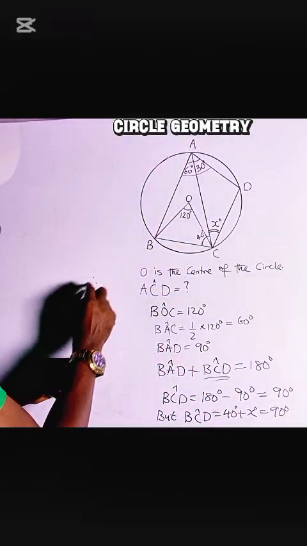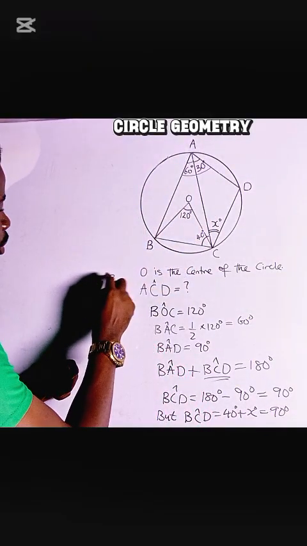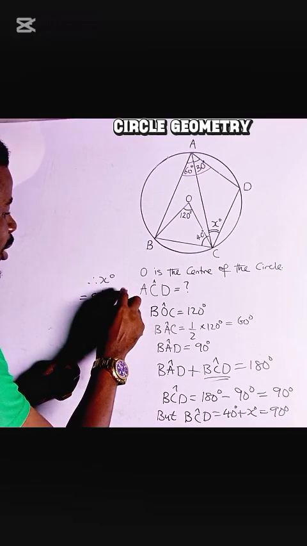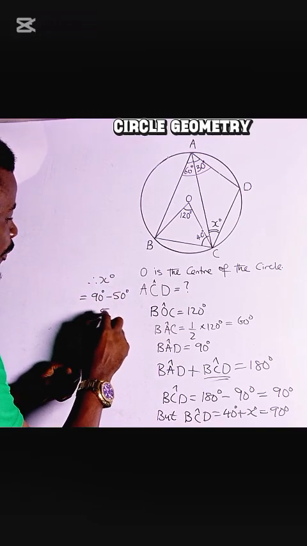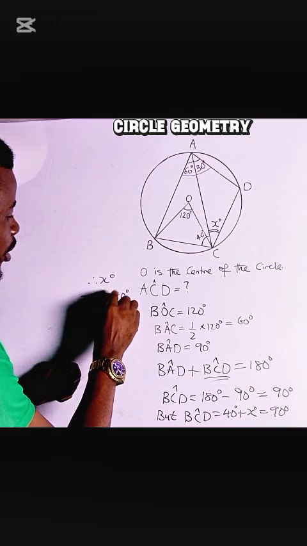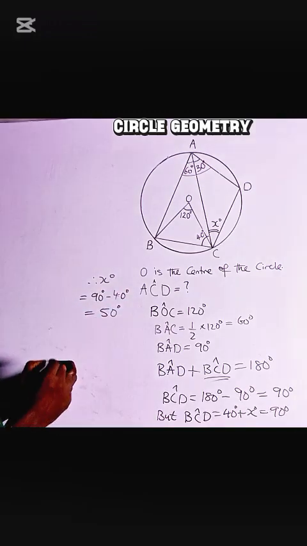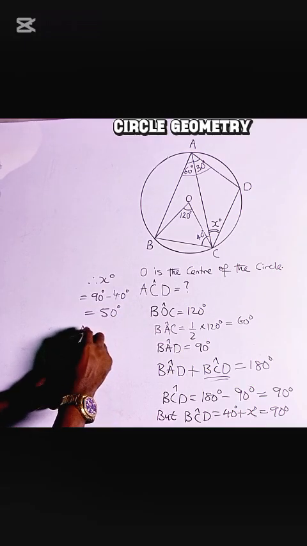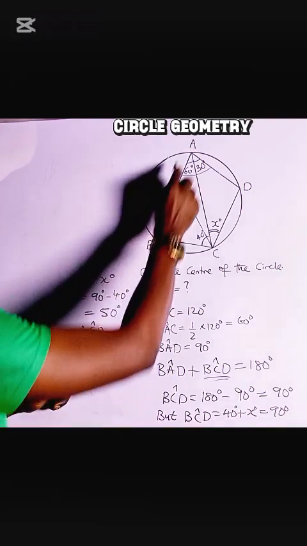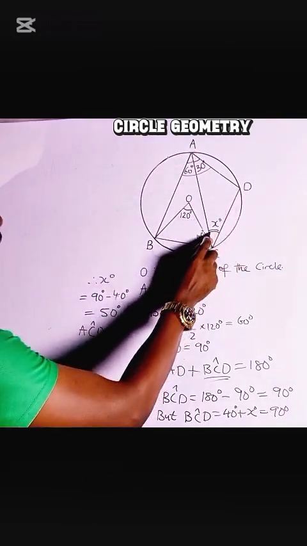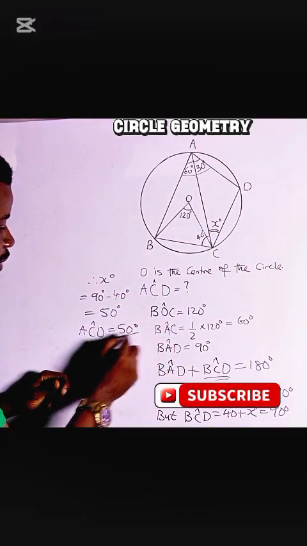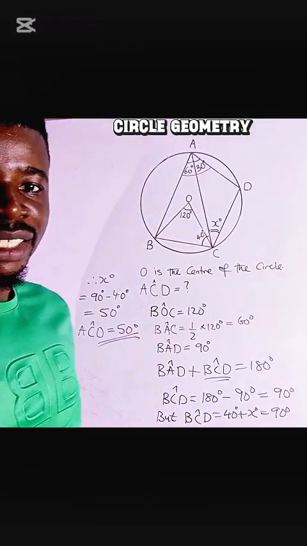Therefore, your X degrees will be equal to 90 degrees minus 40 degrees, which is 50 degrees. So our answer to the question, angle ACD, which is X degrees, is equal to 50 degrees. That's your final answer.